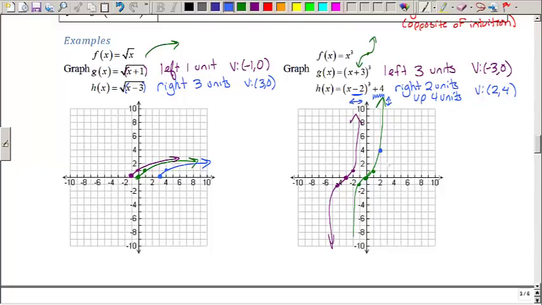Now I can shift my key points right 2 and up 4, or I can just use the key points from my vertex going right 1 and up 1, or left 1 and down 1. Now I can sketch my graph, and the blue function does look like the green function, just shifted right and up.